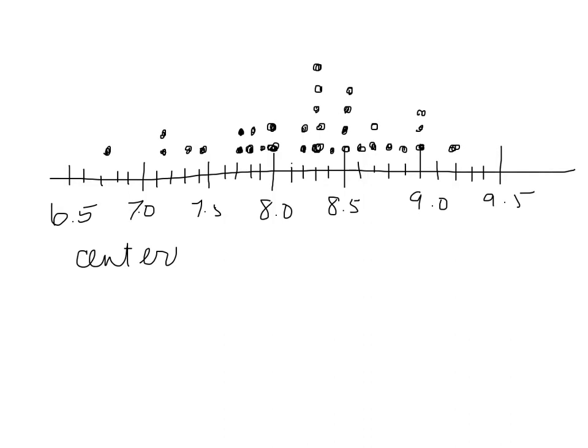If that number line were like a teeter-totter and the dots were people standing on it, where would I put it to balance? And I wouldn't put it down here because then it would be too heavy on the left, and I wouldn't put it down here because it'd be too heavy on the right. I'm estimating I would put it here. I'm going to say the center is about a pH of 8.3. That's my estimate of the center. It's got about an equal amount on either side.